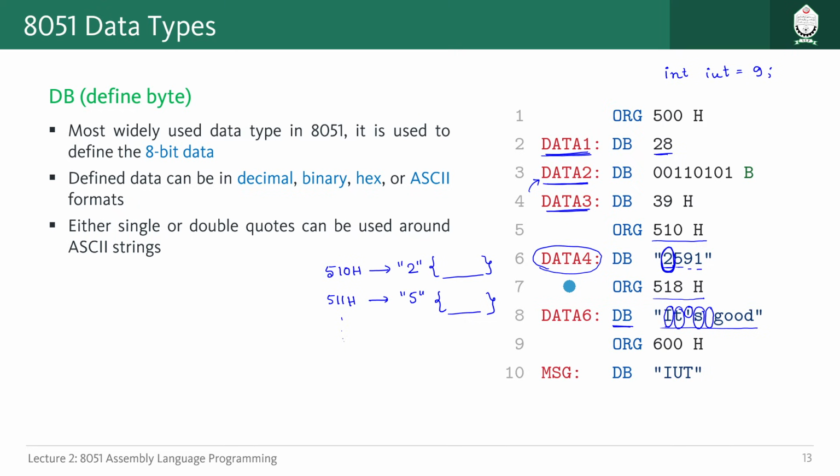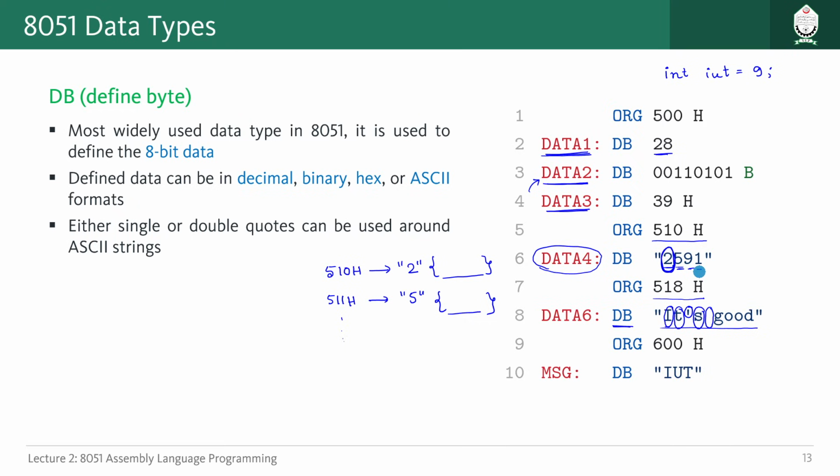But what you are going to see later on, maybe in next lectures, is that using these labels for DB, we can actually access all of the values with the help of a data pointer. You are going to see that, but for now we don't have to worry, just understand the definition of DB.